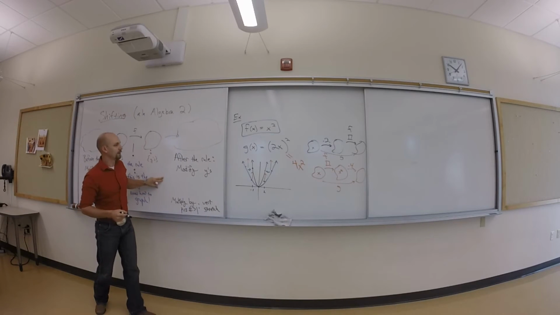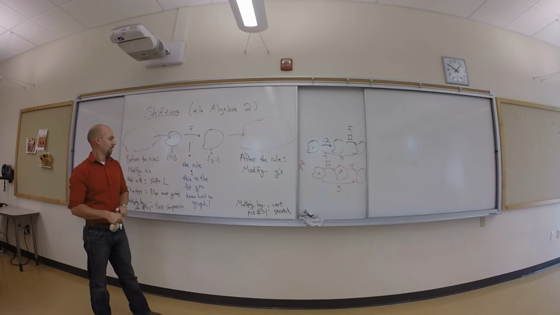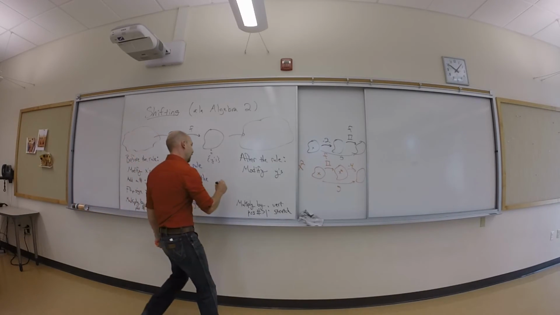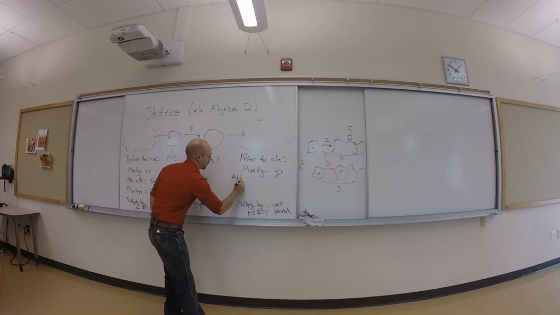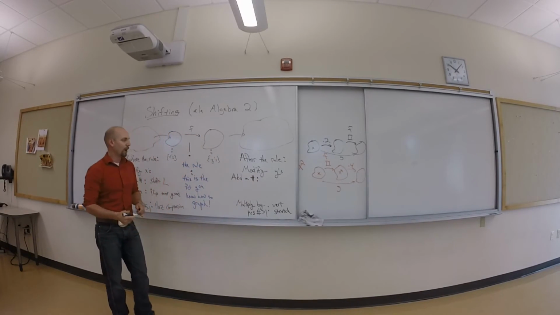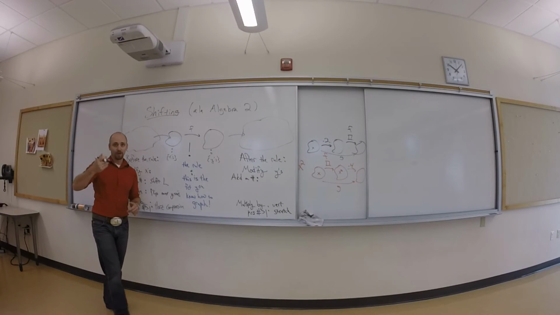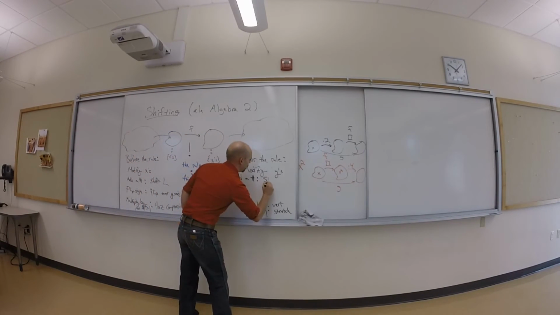All right, I think I can probably figure out these other two without messing around too much. So I think I've got add a number. You guys all remember if I add a number after the thing, what happens? Yeah, it shifts up, right? So this is a shift up.